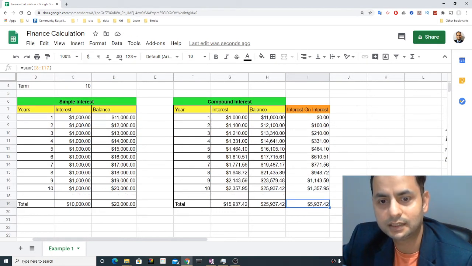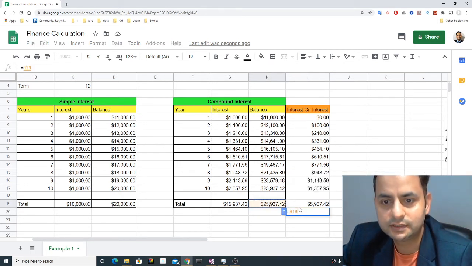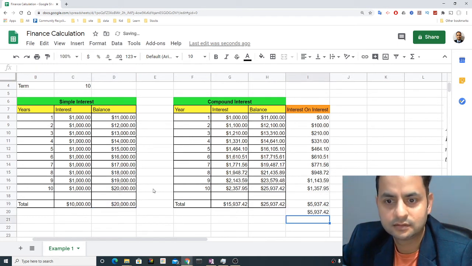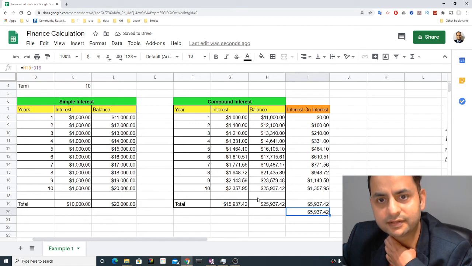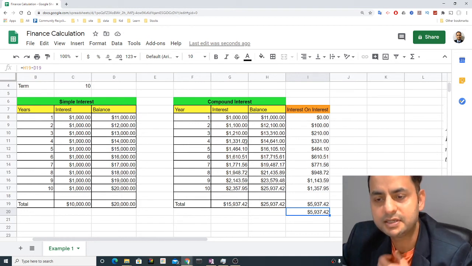Look at the power of the difference, which is the same as the balance difference between the simple and this. If I show this minus the simple, that's the same number, because the difference comes from the compounding piece.